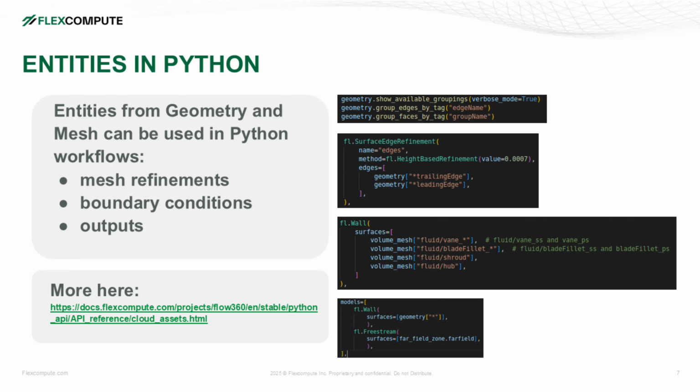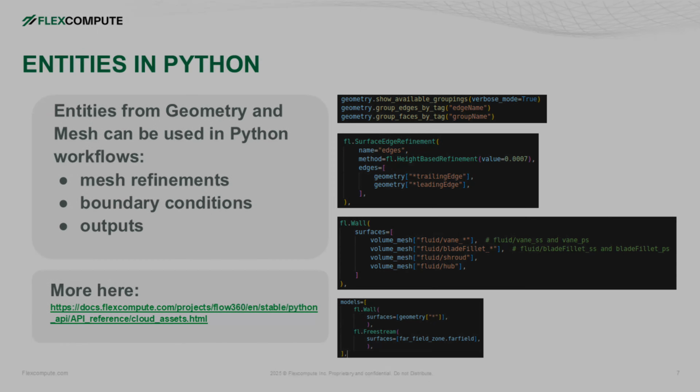An example of this can be seen on the right side of this slide. The code snippet at the top is a command to show the available grouping within the geometry and will print out the existing grouping. It is grouping edges and faces by tag. Then, when you generate the mesh, you can apply a refinement based on that specific grouping of edges.